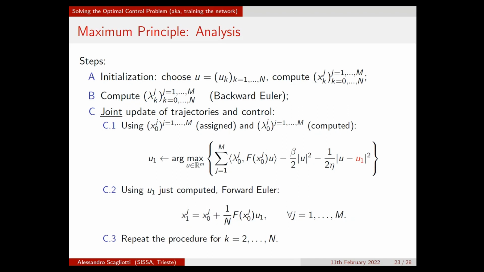You say, this is the maximum, but I don't go directly there, I just go closer to it. And eta quantifies how conservative you are. The smaller it is, the more conservative you are, in some sense.